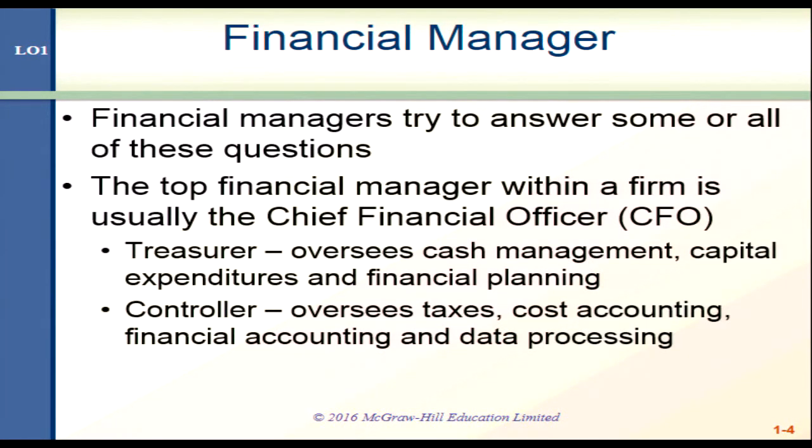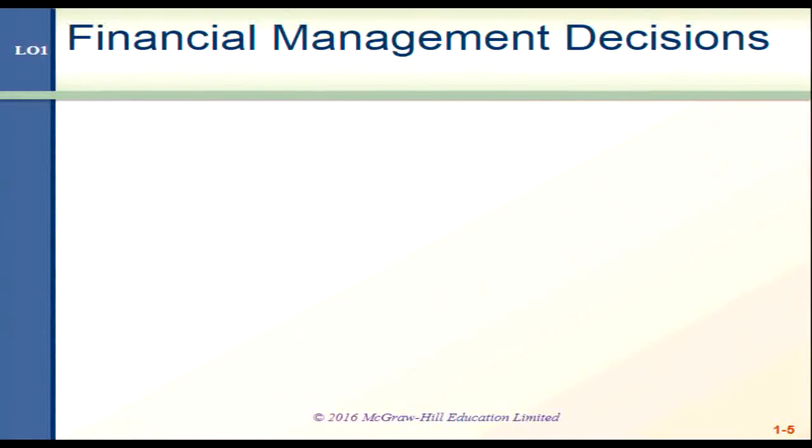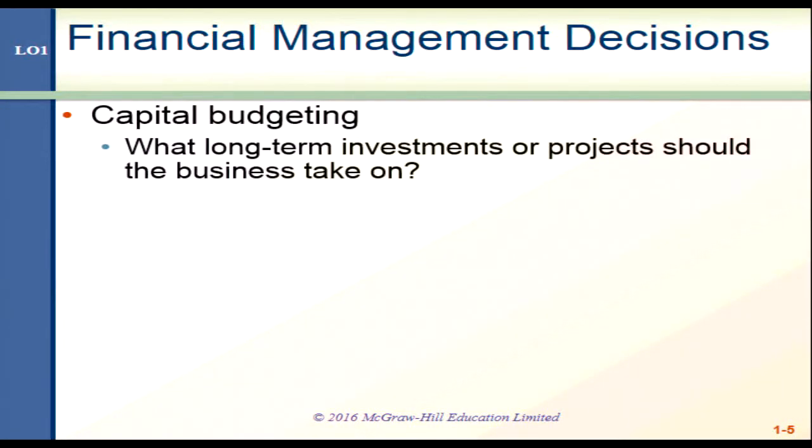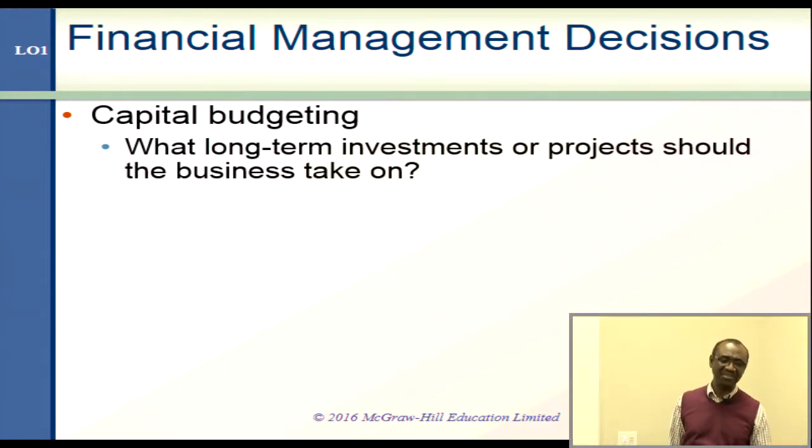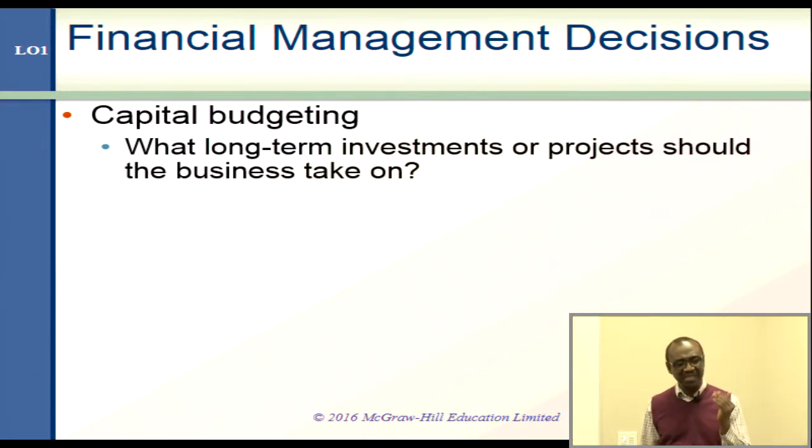So, having done with all this, the next thing to now look at would be to identify some of the financial management decisions, as we looked at earlier. So, we identify the three aspects that we asked earlier, part of which we call the capital budget. The capital budget, as we said earlier, we'll be looking at what long-term investment or project should the business undertake.